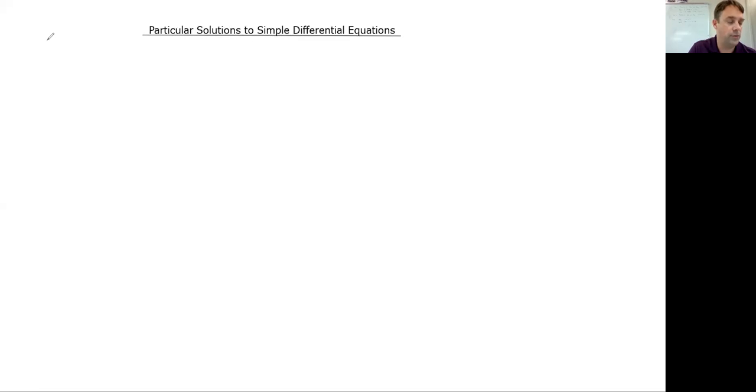You get something like this: find the general solution to, and I'll throw that in here in a second, given y of 0 equals 5.